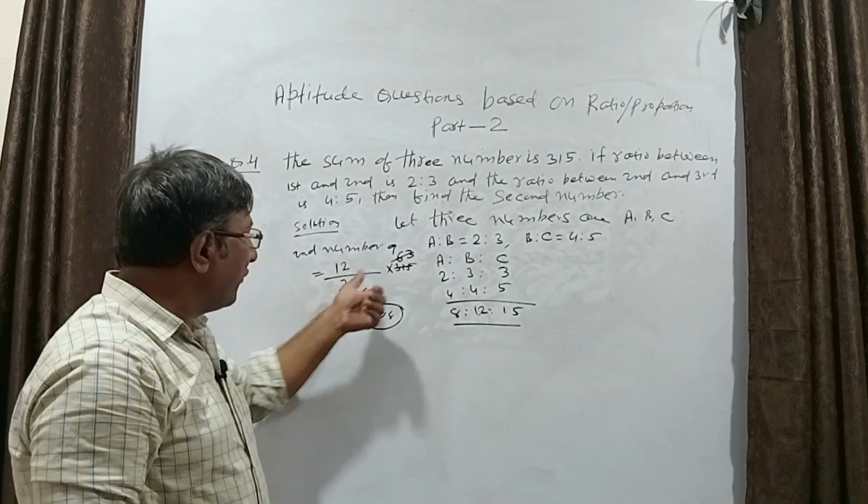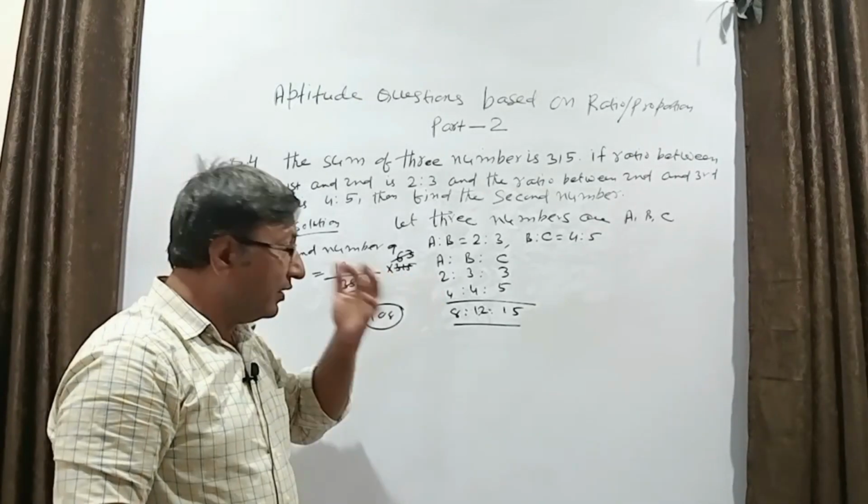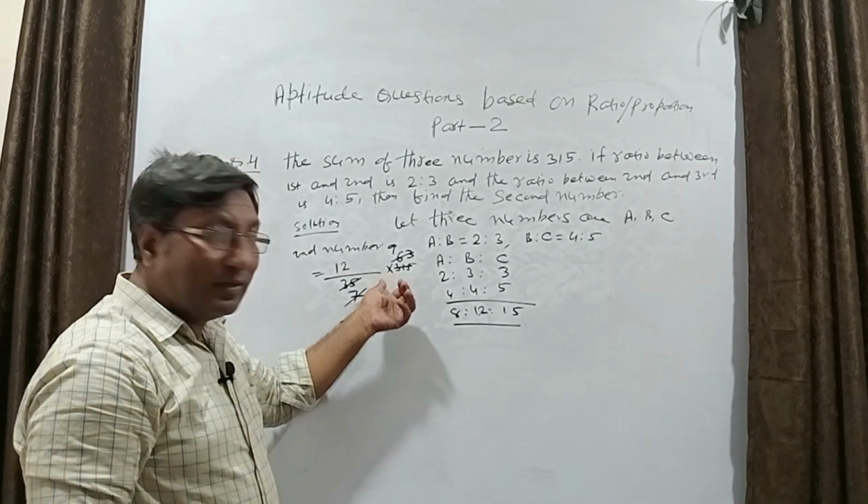So 12 by 35 into 350. Now you solve this.